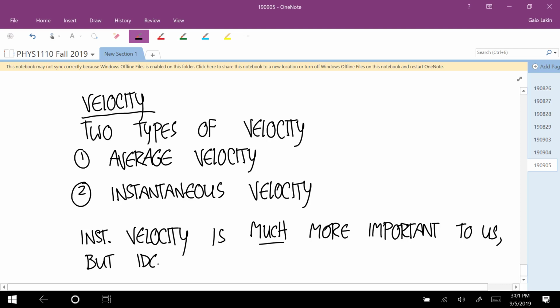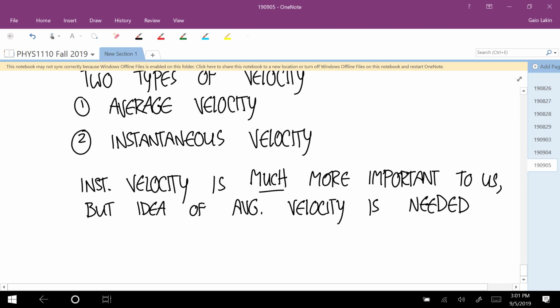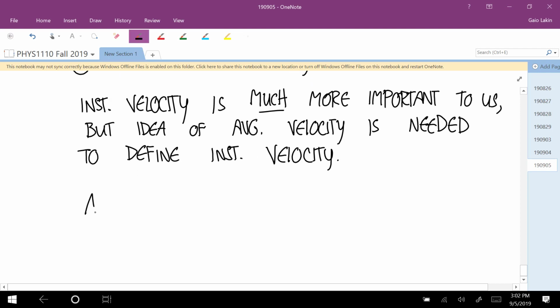So the idea of average velocity is needed to define instantaneous velocity. Okay, so average velocity.